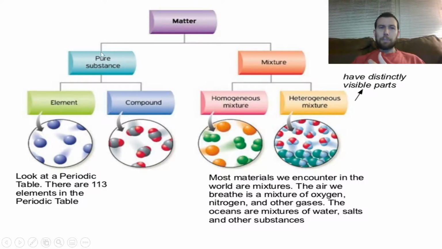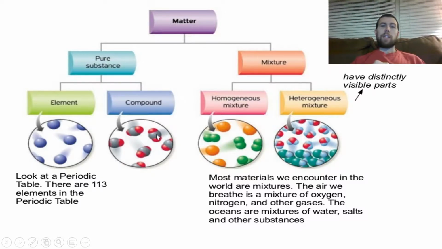Now, when dealing with your pure substances, the next question you're going to want to ask yourself is, can this substance be broken down chemically? And so if the answer is no, it cannot be broken down chemically, then we know that we have an element. And so an element is going to be something that is found on the periodic table. Now, if the answer was yes, it can be broken down chemically, that means that you have a compound.